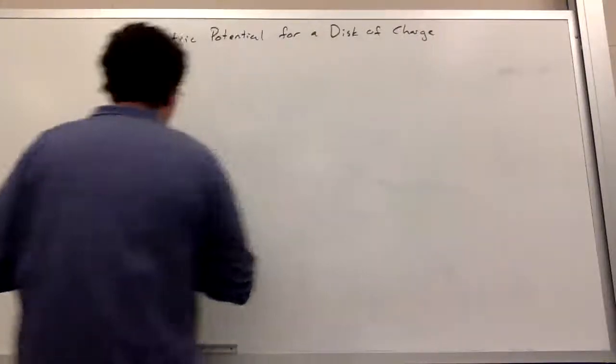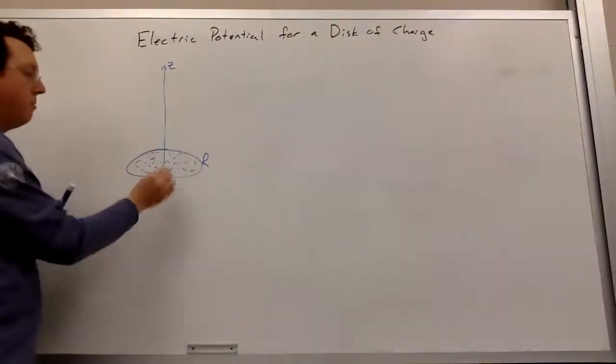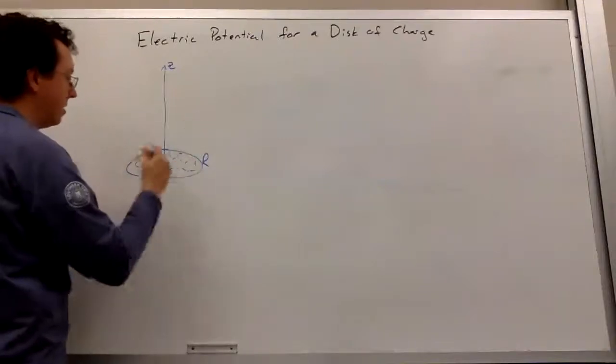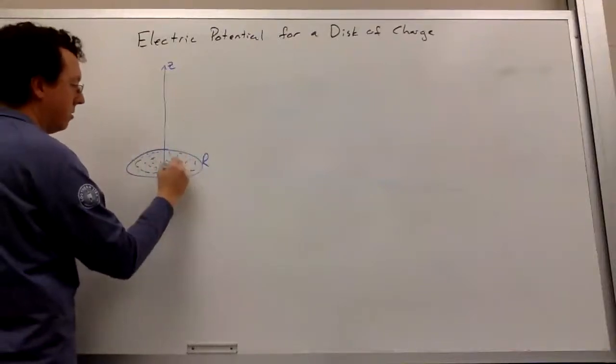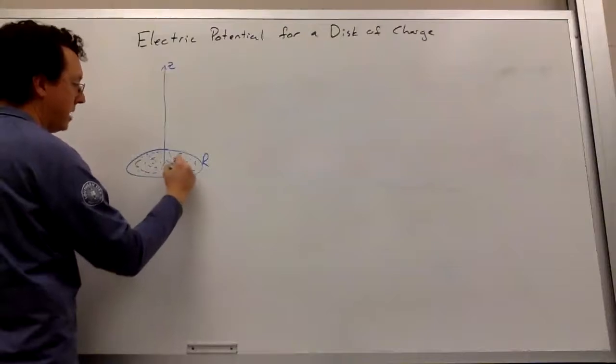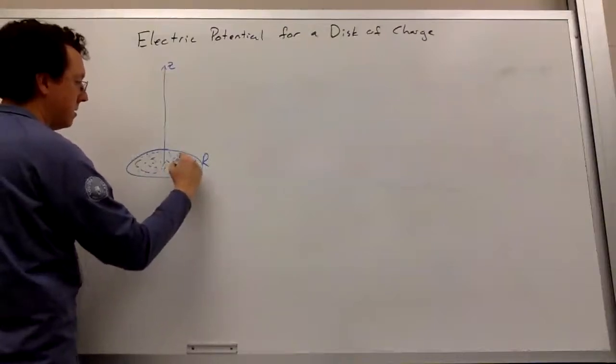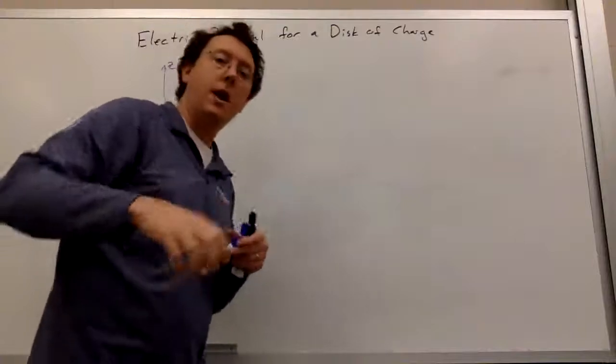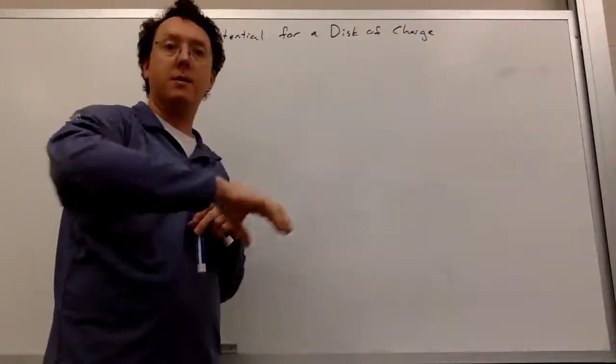When we had a ring, we broke it up into little line segments. In this example, we're going to break it into little postage stamps of charge and add up their effects separately.